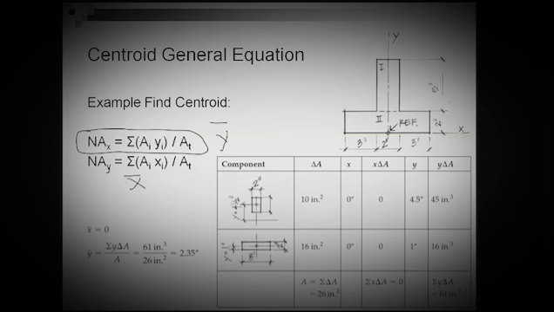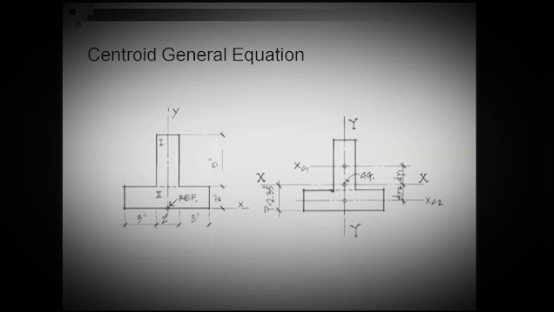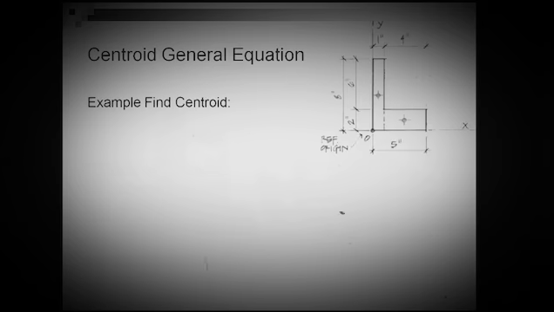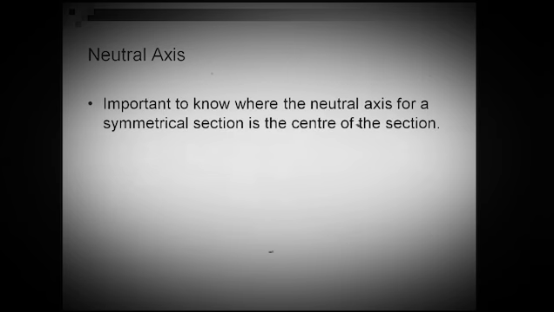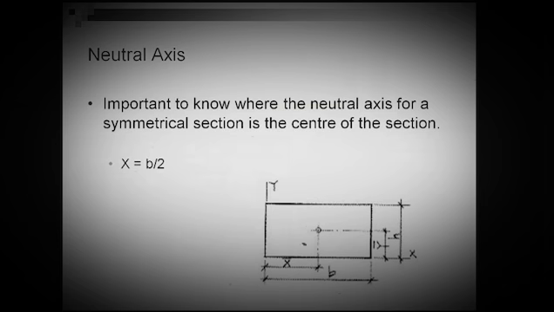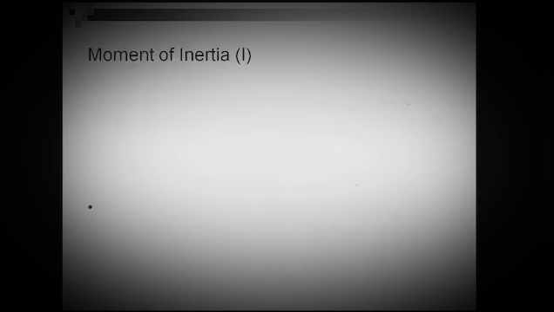So now let's move on to the other topic that we want to talk about today, which is the moment of inertia. This slide is basically another example. It's important to be able to know the neutral axis or the centroid of the common shapes, and those are rectangles, squares, and triangles.